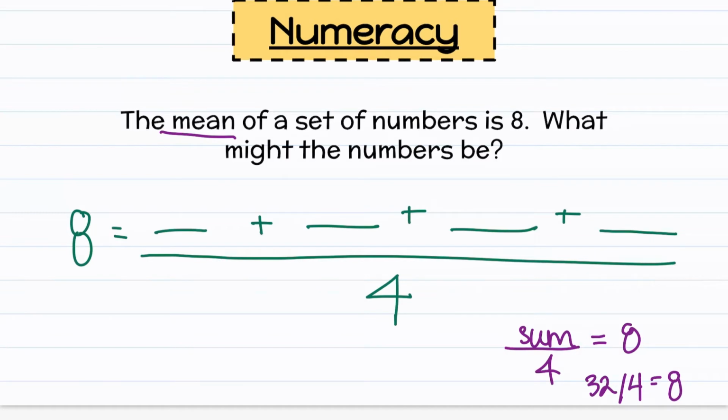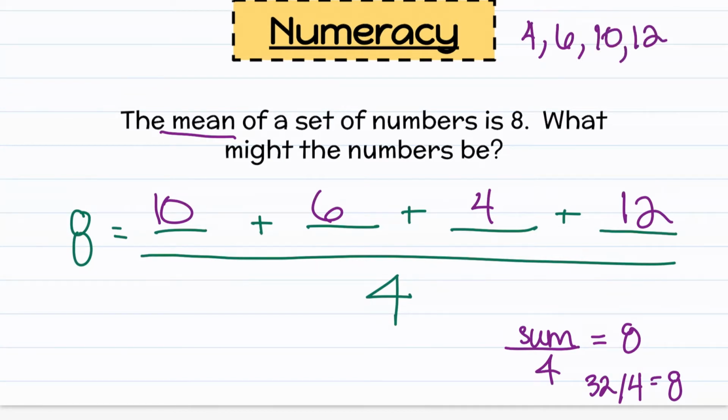So the first number I chose was 10, and then 6, which made 16. I included a 4, which made 20, so then my last number needed to be 12, so that my total sum was 32, and 32 divided by 4 gave me 8. So my data set was 4, 6, 10, and 12.